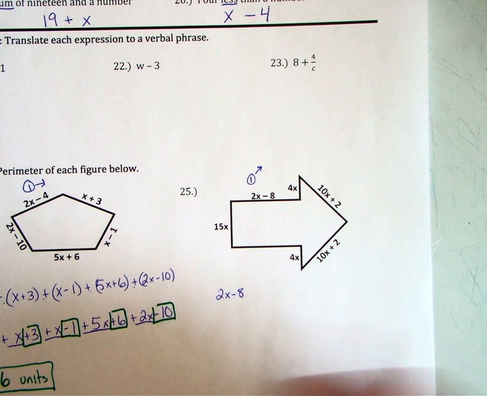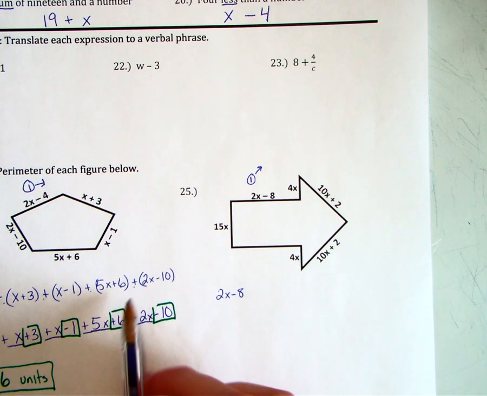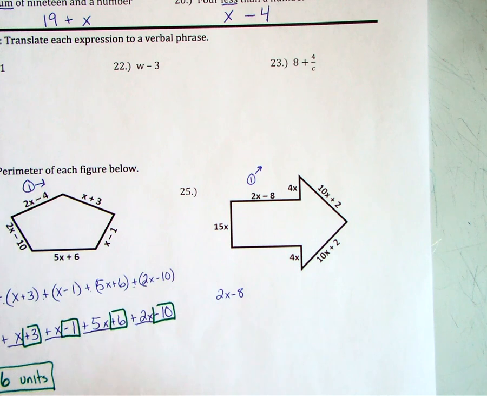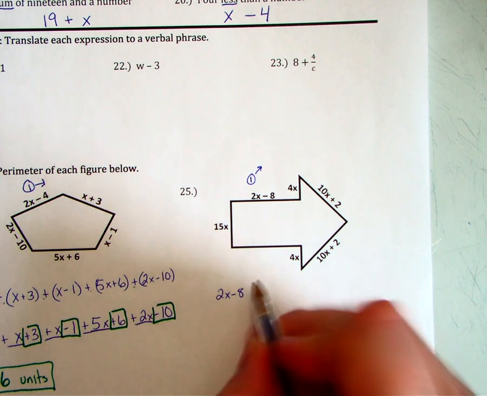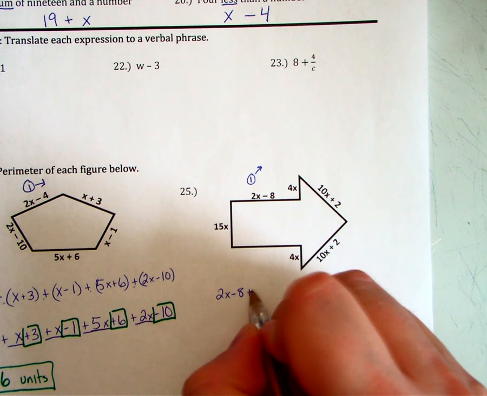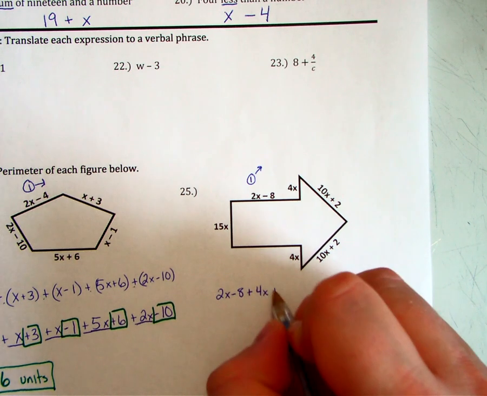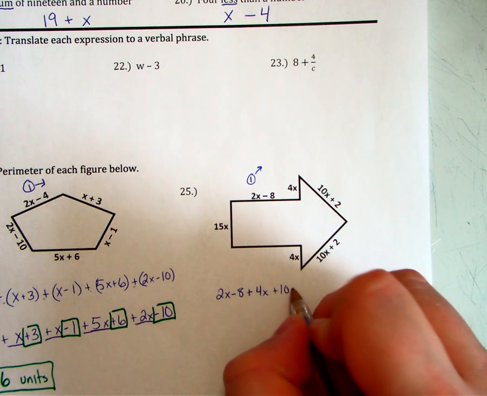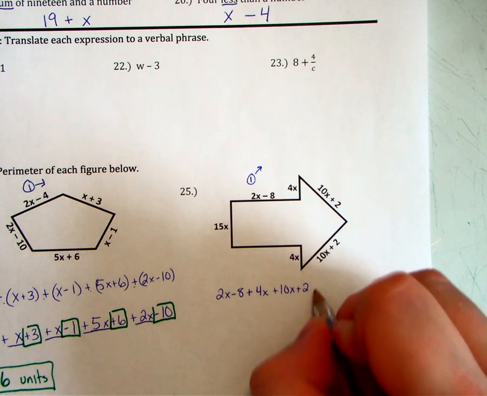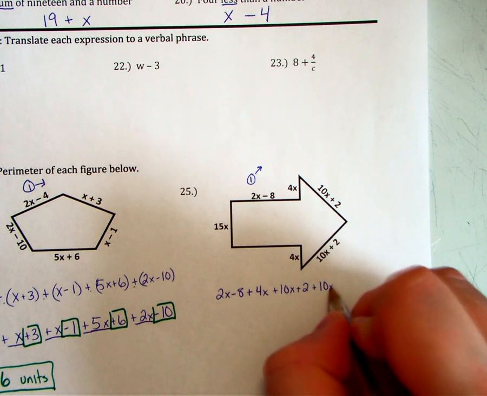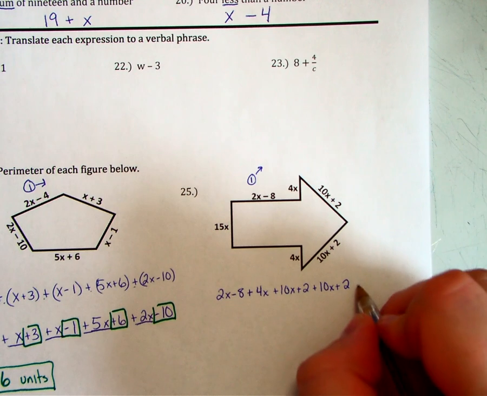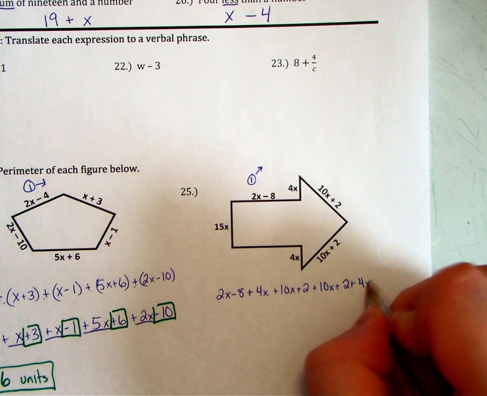This time I'm going to do it without writing all the parentheses because I'm going to realize that as I'm adding sides, I'm never going to have a subtraction sign in front of a parenthesis. So it's just going to save me a step. Plus 4x plus 10x plus 2 plus 10x plus 2 plus 4x.